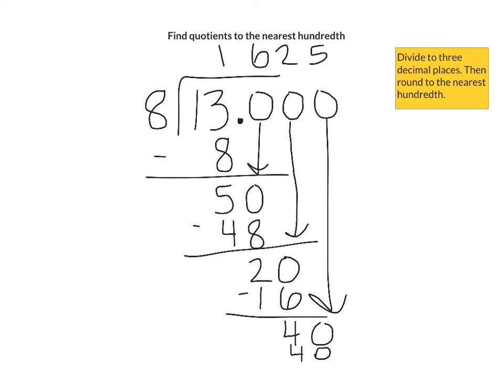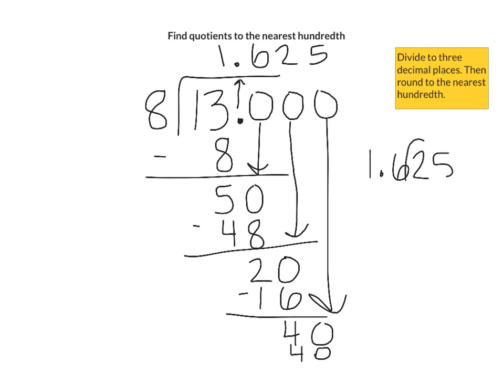So we bring our decimal point straight up. So this is why it's really important that we line up our place value, because as you can see, now that we have our quotient all the way to the thousandths place, we need to know where we put our decimal point. So we got 1 and 625 thousandths, which we're now going to be rounding to the nearest hundredth.